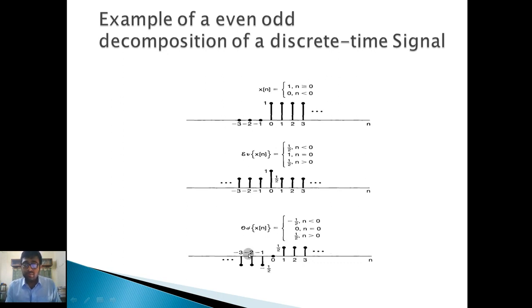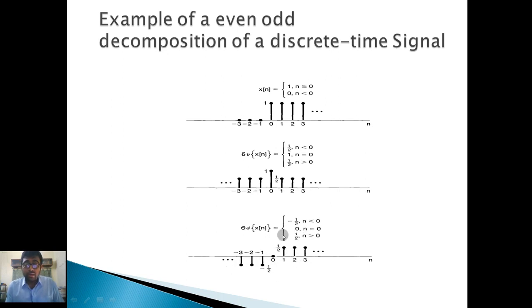Now the function describing this odd signal: x[n] is equal to plus half for n greater than 0. In case of n equal to 0, the signal value is 0, and for n less than 0, the signal value will be minus half.